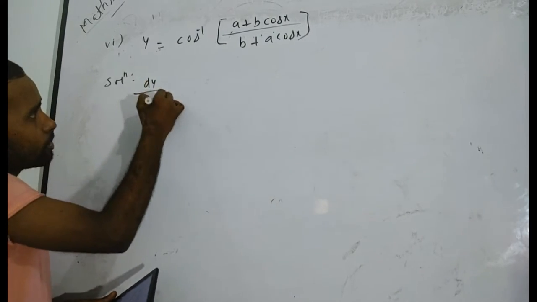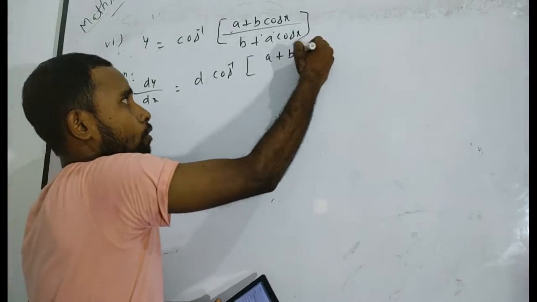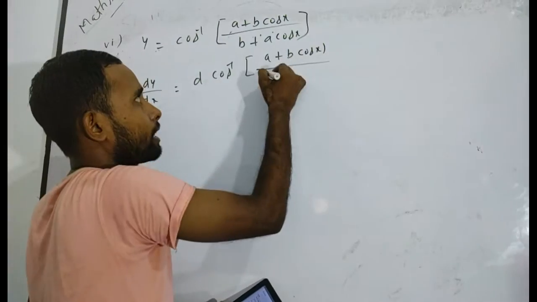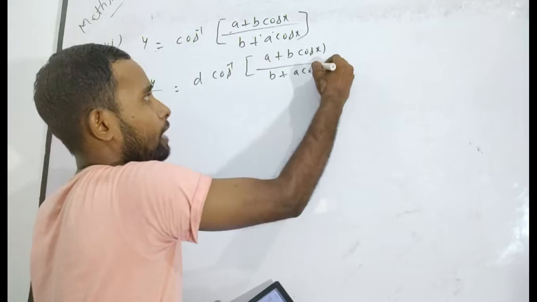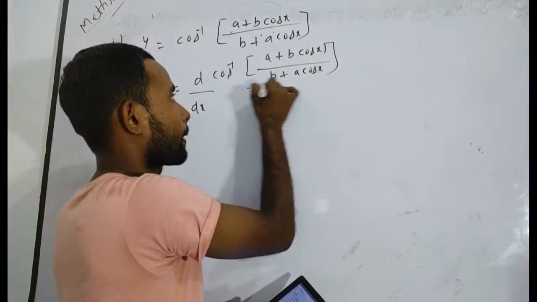Differentiating on both sides directly with respect to x. Differentiating cos inverse of (a plus b cos x) divided by (b plus a cos x) with respect to x. Suppose that this is p.